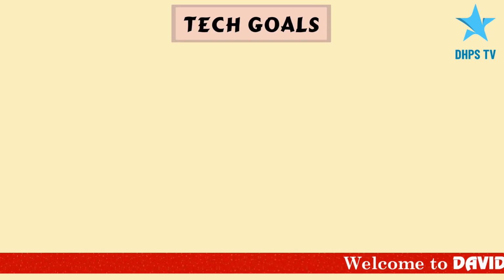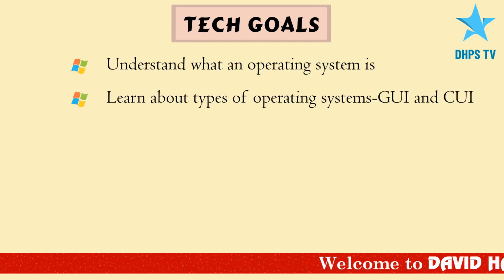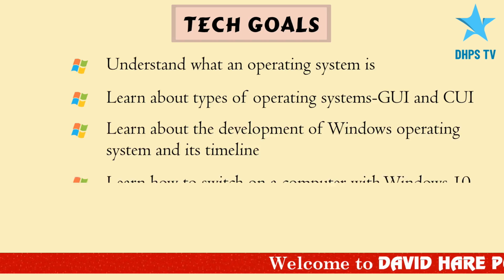Tech goals. Understand what an operating system is. Learn about types of operating system, GUI and CUI. Learn about the development of Windows operating system and its timeline.